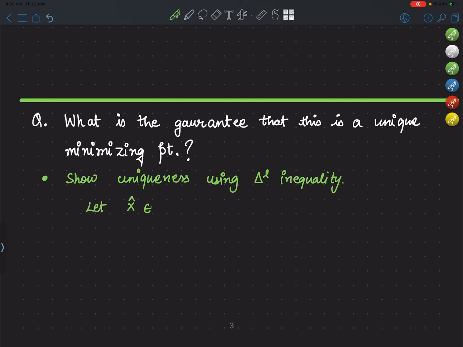So let there be some other point x hat belonging to S such that there are two points, x naught and x hat, which give the same distance delta from y.